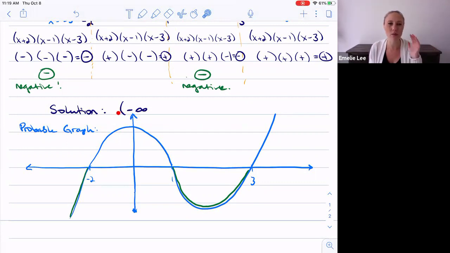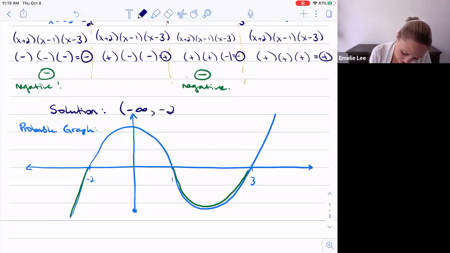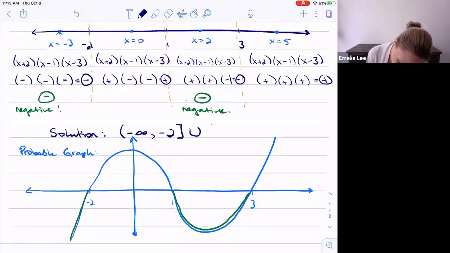So it's really important that you always put round brackets when you're dealing with positive or negative infinity. And so negative infinity up to -2, including -2. And then it takes a break, so we link them up with that little union U. And then it picks right back up from 1 to 3, including those endpoints, because it can equal 0.